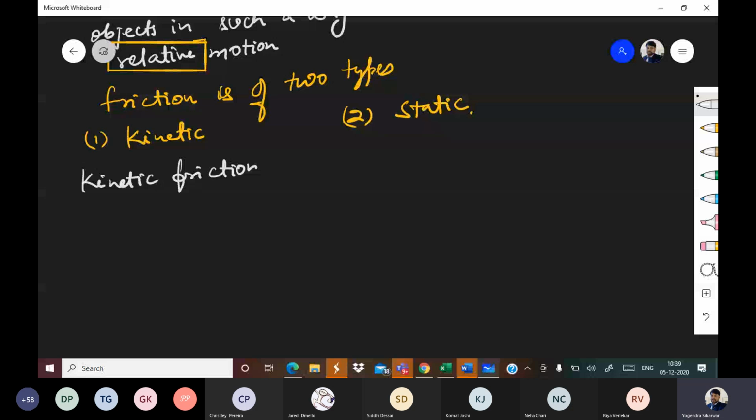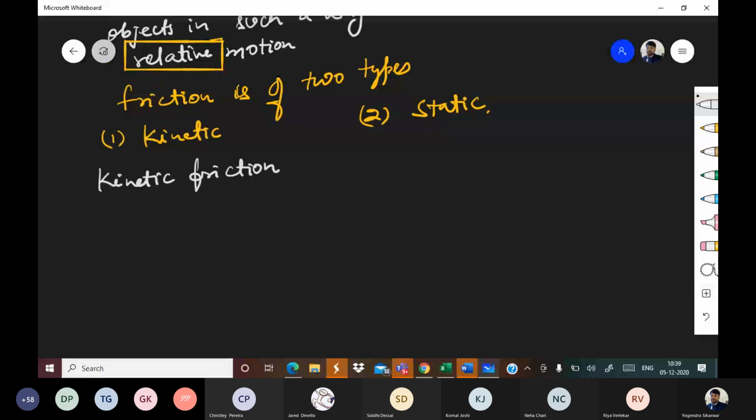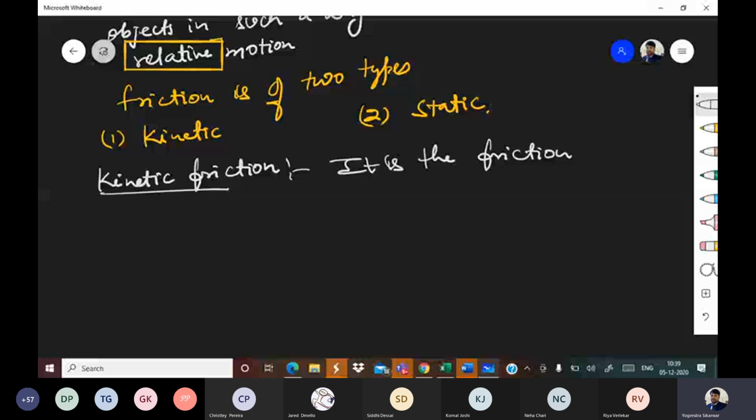Kinetic friction. So what is kinetic friction? It is the friction which acts between two objects when relative motion is occurring between them.